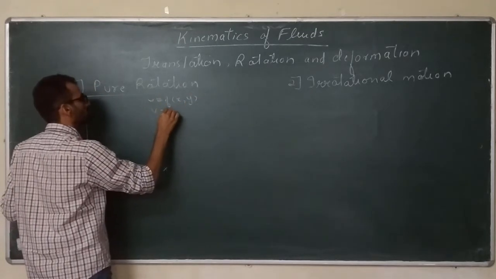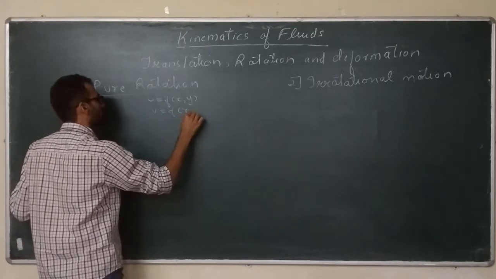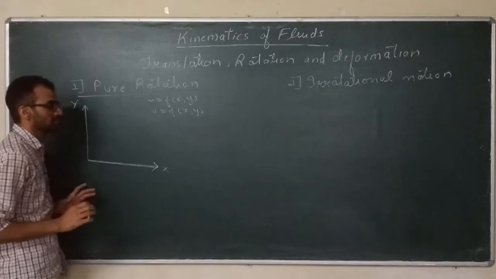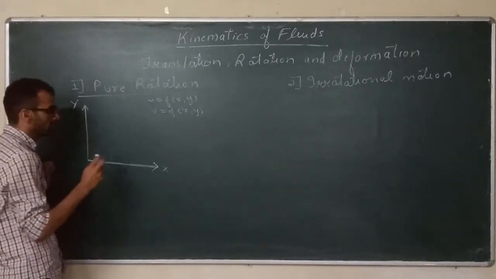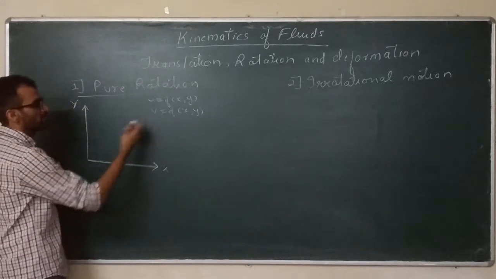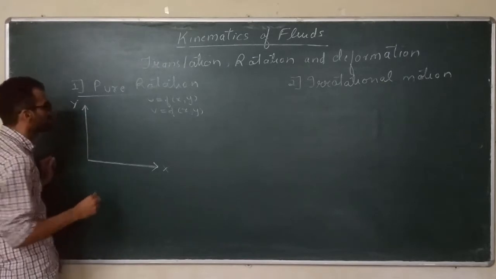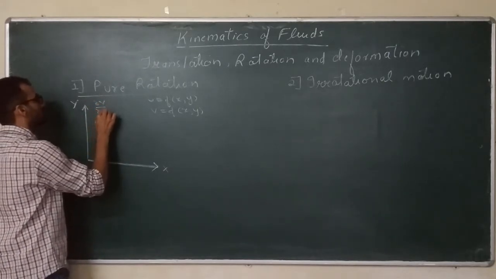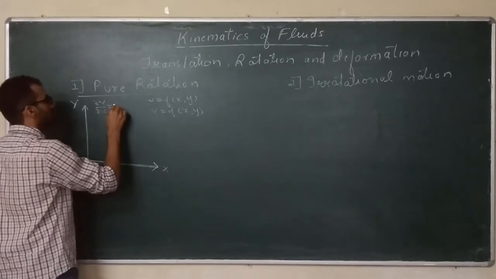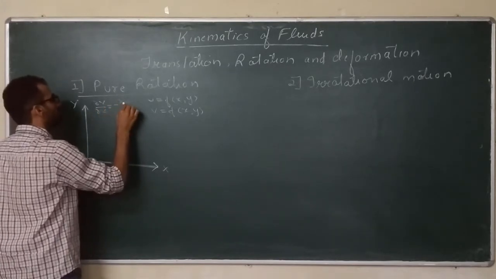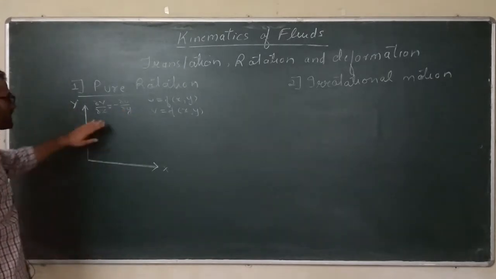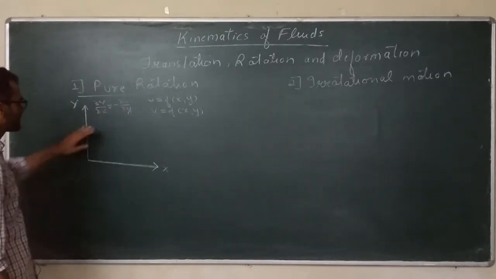V is also a function of both x and y, but there is one condition. If the flow follows that condition, then that becomes a special case. The condition is del v by del x is equal to minus of del u by del y. Now, what happens because of this condition?